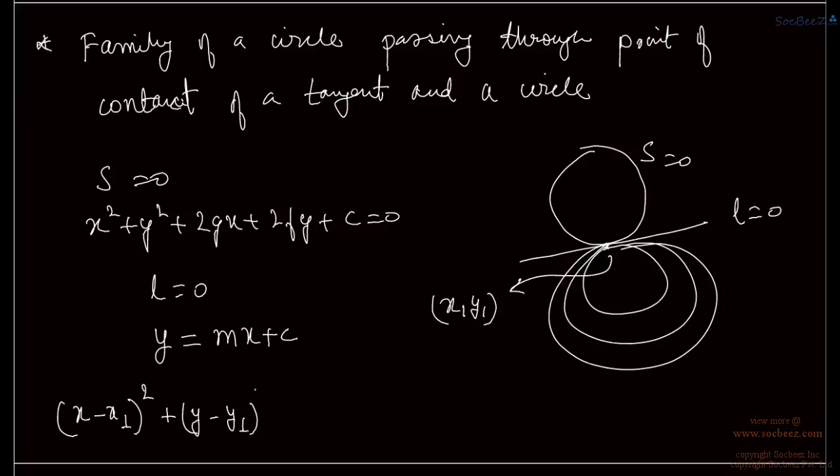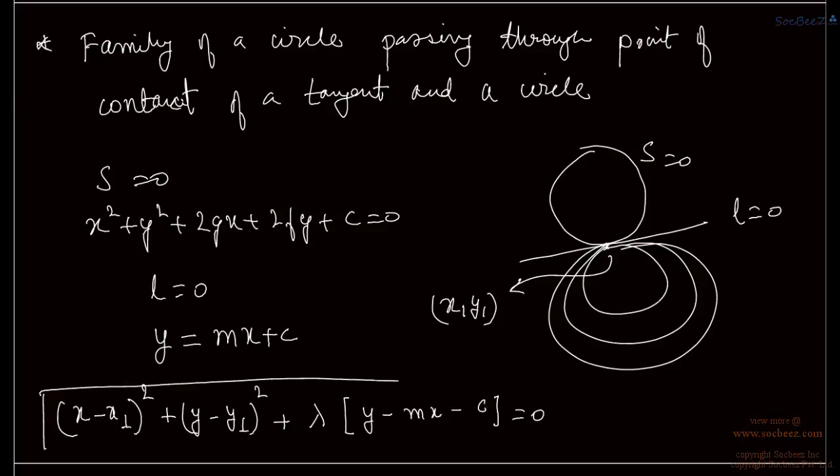So we have the equation of a family of circles as (x minus x1) square plus (y minus y1) square plus lambda times (y minus mx minus c) is equal to 0, where lambda is a variable parameter. Varying lambda, we will be getting different members of the family.